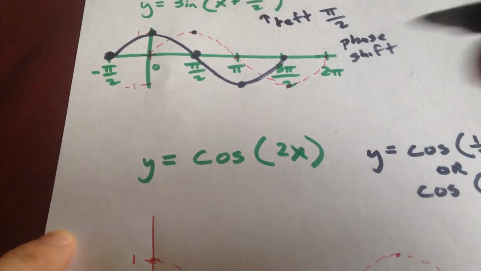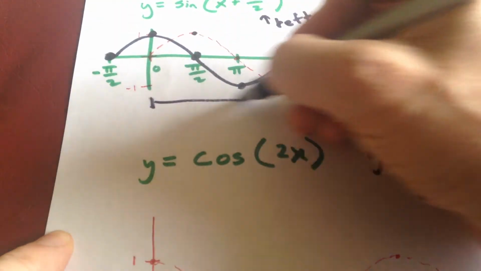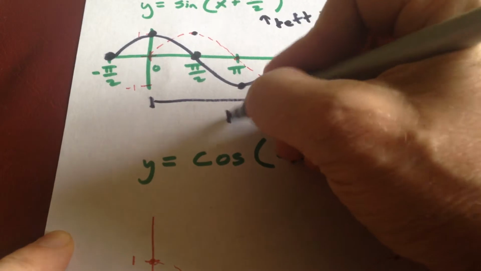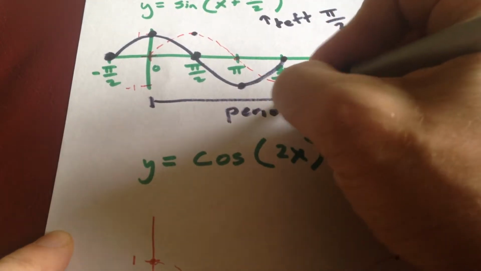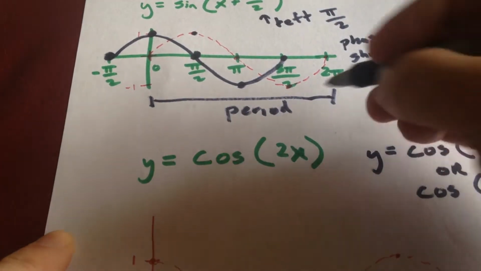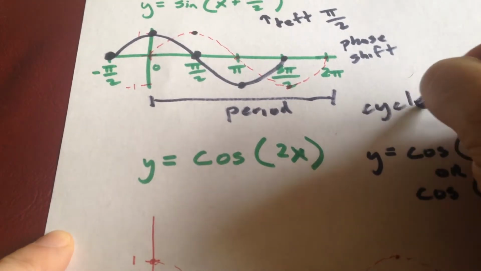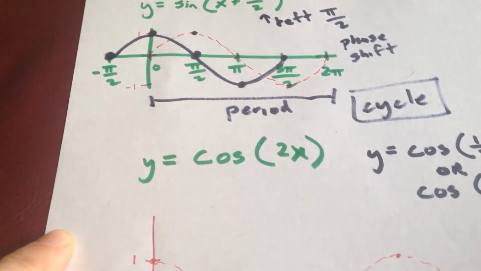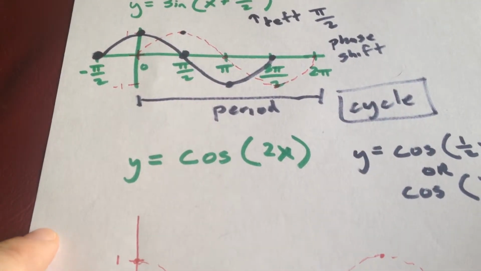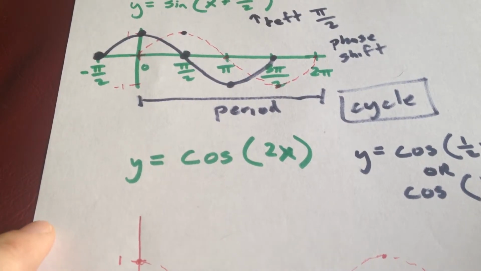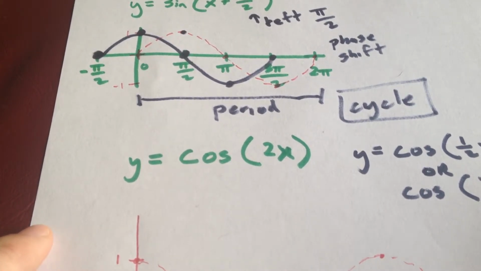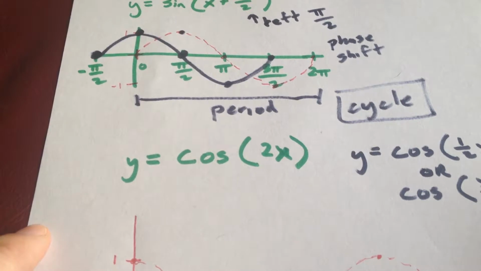The other thing I haven't mentioned yet is the distance from 0 to 2 pi, where this cycle starts repeating, is called the period. The standard period or cycle, what probably somebody, if they didn't know the lingo, would call it, for sine and cosine is 2 pi. Unless we change it somehow, which we're going to do in the very next graph, it's going to go from 0 to 2 pi and then start repeating.